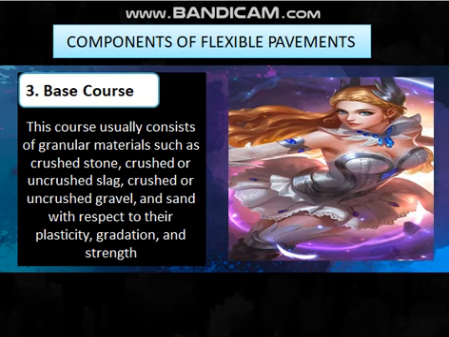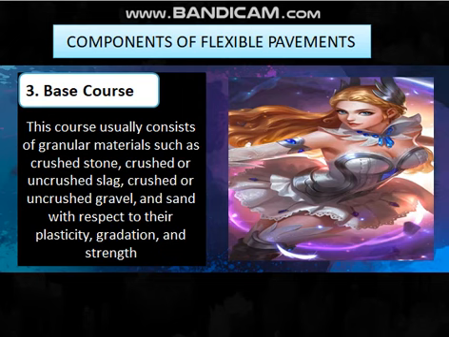So next is the base course. This course usually consists of granular materials such as crushed stone, crushed or uncrushed slag, crushed or uncrushed gravel, and sand with respect to their plasticity, graduation, and strength.